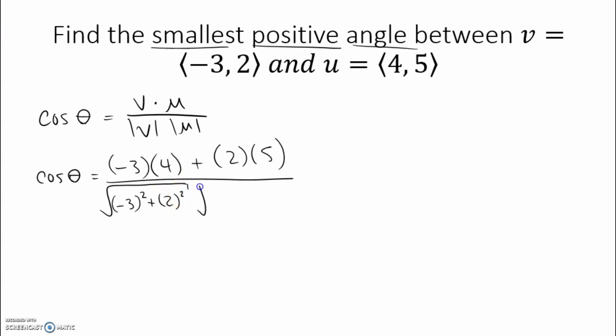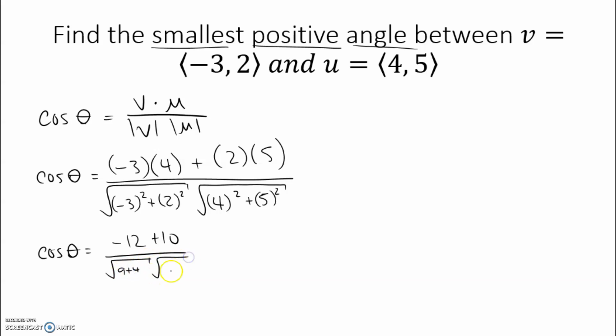That's for V. And then do the same thing for U. 4 squared plus 5 squared. Okay. So then cosine of theta would be equal to negative 12 plus 10 divided by, okay, well this is the square root of 9 plus 4 times the square root of 16 plus 25. So cosine of theta, that's going to be negative 2 divided by the square root of 13 times the square root of 41.